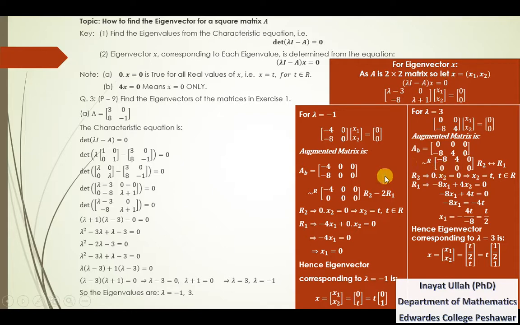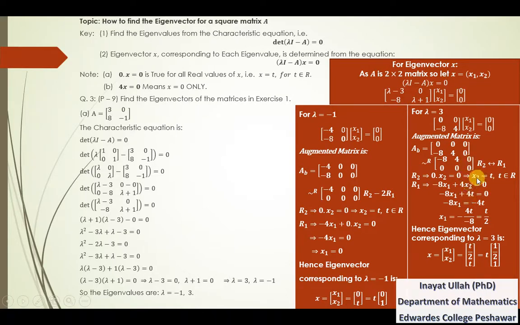In the same manner, by back substitution, row number 2 implies 0 into x2 is equal to 0. It means that 0 into x2 is equal to 0, so x2 is equal to t, where t is any real number. And row number 1 implies -8 into x1 plus 4 into x2 is equal to 0.